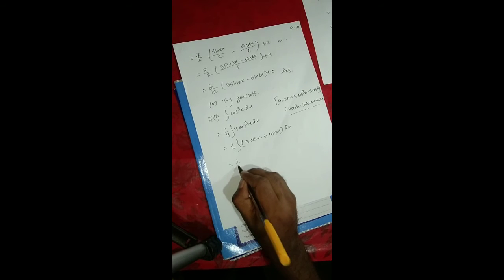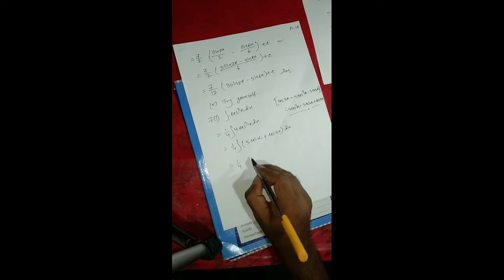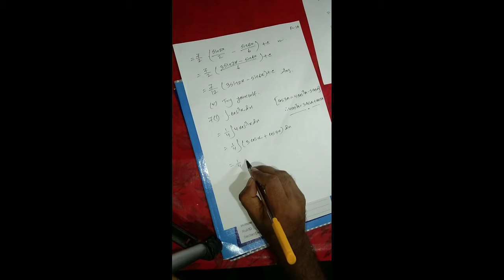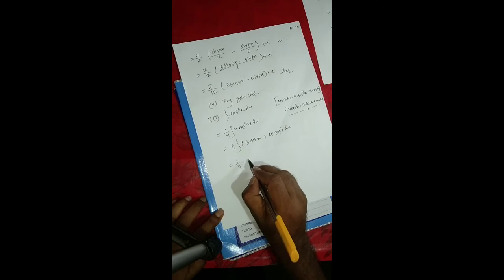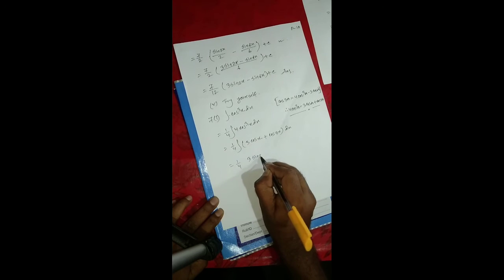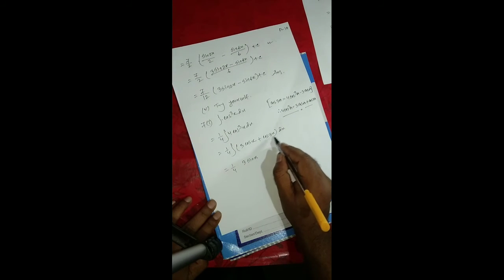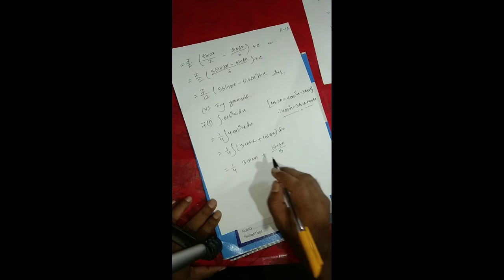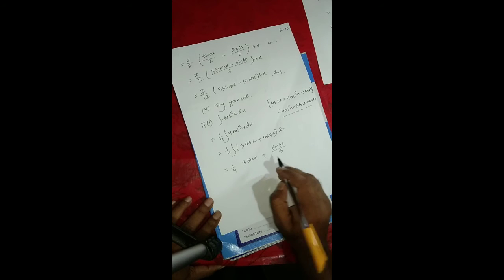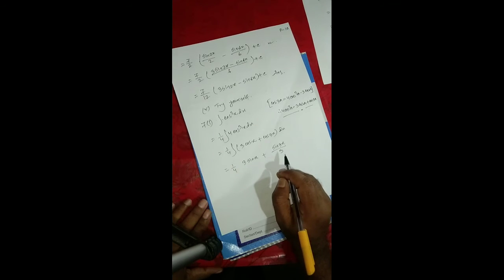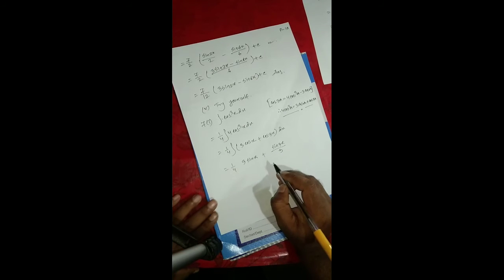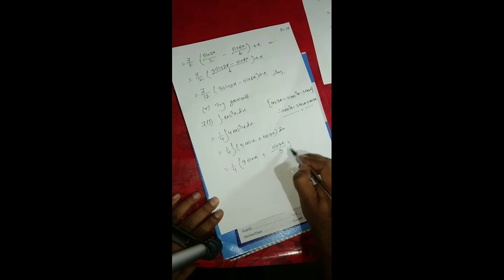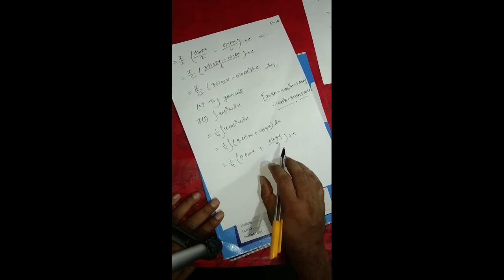Now we just integrate 3 cos a. Now here 3 sin x, but cos 3x, that means sin 3x by 3. Give the bracket and constant.